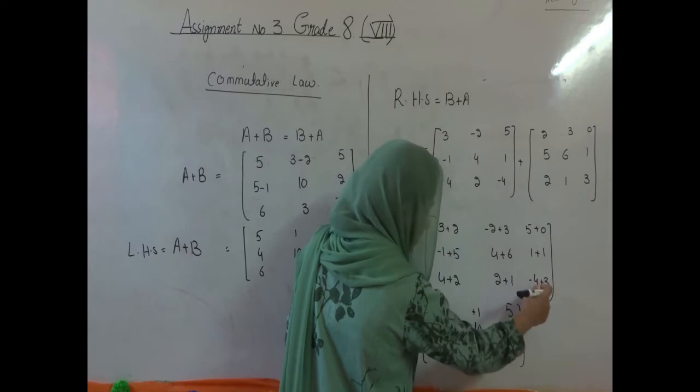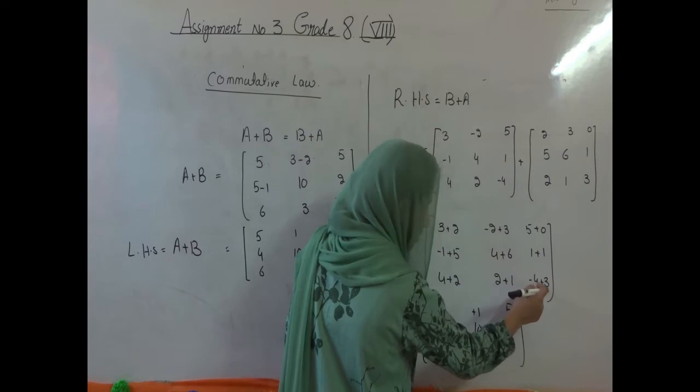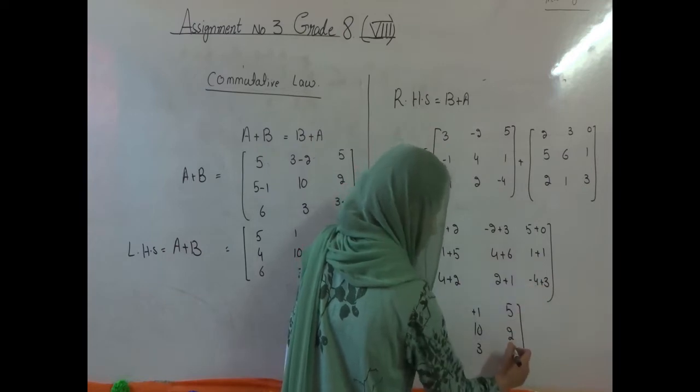And minus plus minus, 4 minus 3, 1, and the sign will be minus because the sign of the greater value is minus, so the answer will be in minus sign.